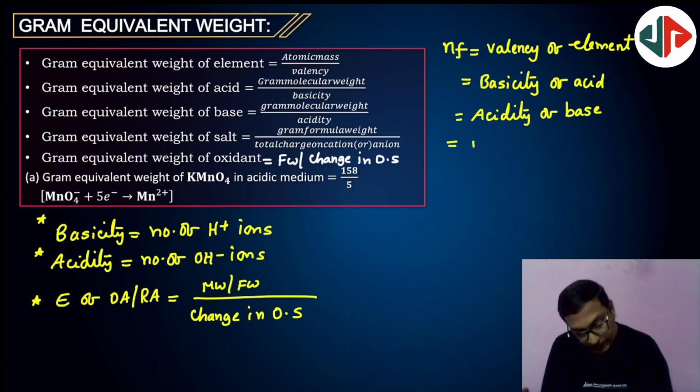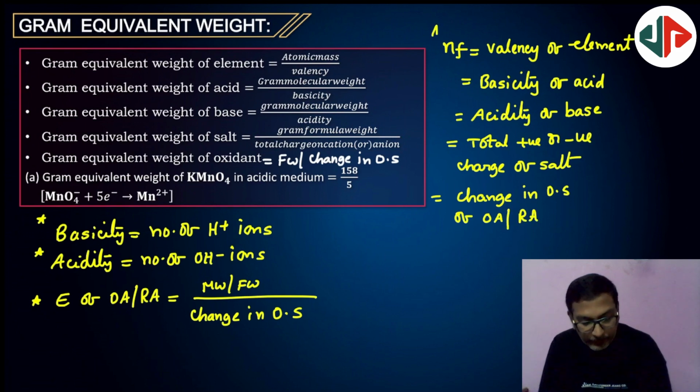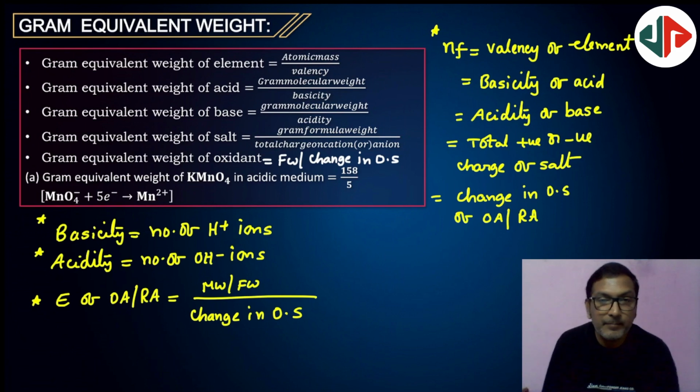Next, total positive or negative charge of salt. Next, change in oxidation state of oxidizing agent or reducing agent. This is about n factor. N factor calculation is very, very important.